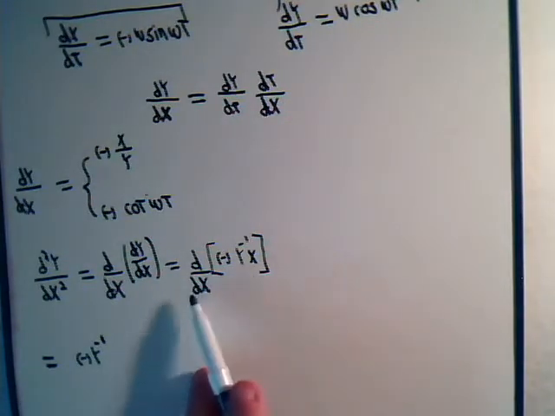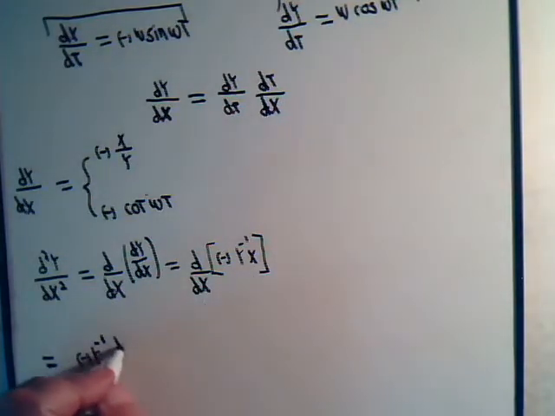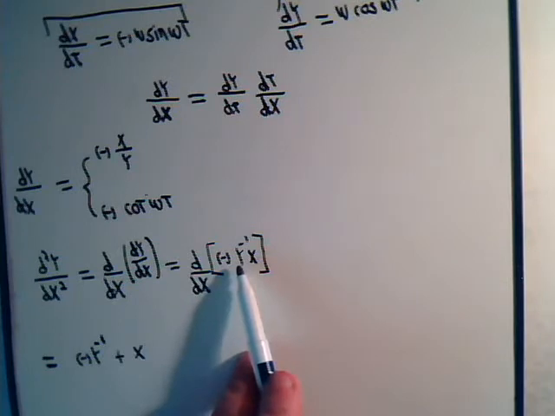It's going to be dx/dx, which you don't usually bother to write down because that's just 1. So we have that, then we're going to have plus x times the derivative of this.